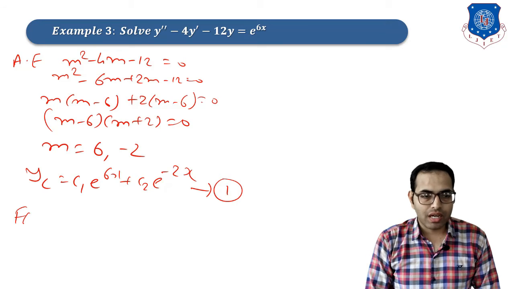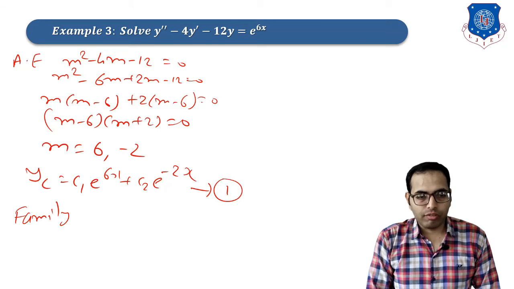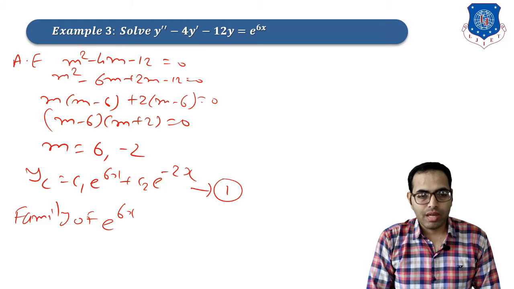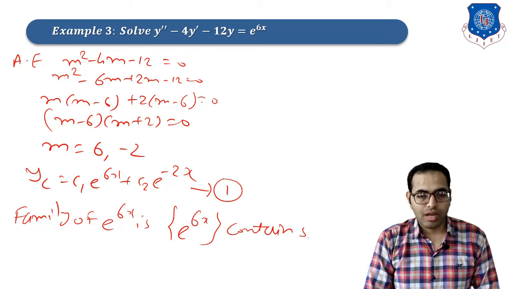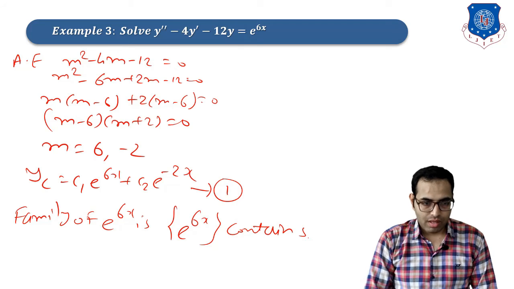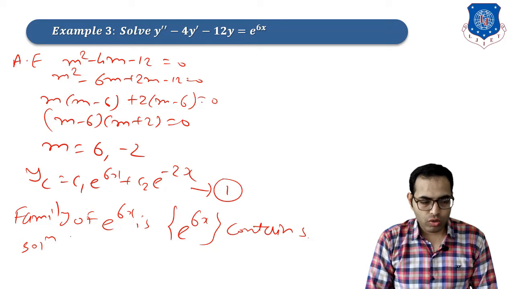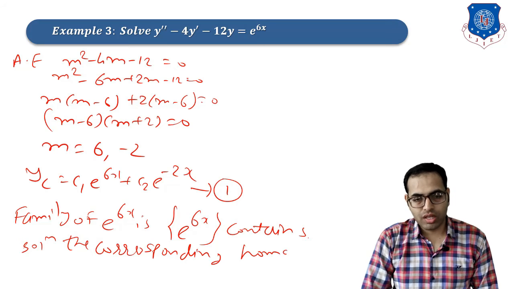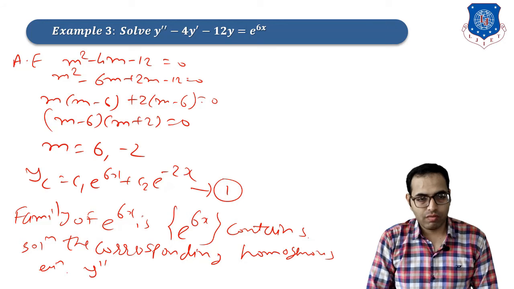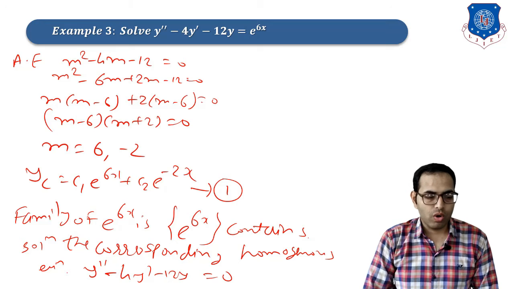See, here the family of e^(6x) is e^(6x), which is contained in the solution of the corresponding homogeneous equation, which is y'' - 4y' - 12y = 0.